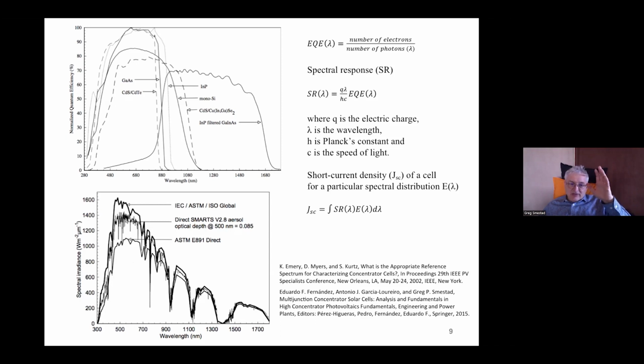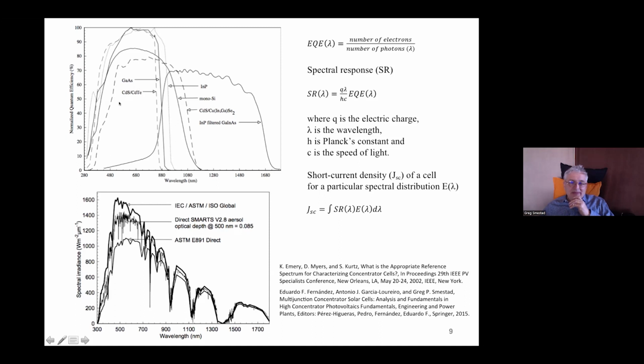But in order to get the ideal case without any soiling deposits for the current produced by a solar cell, you take the spectral response or the quantum efficiency, you multiply it at each wavelength by the incident light, and you integrate. And that's been well known.